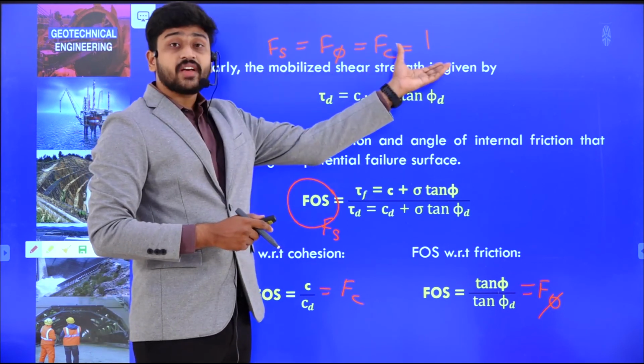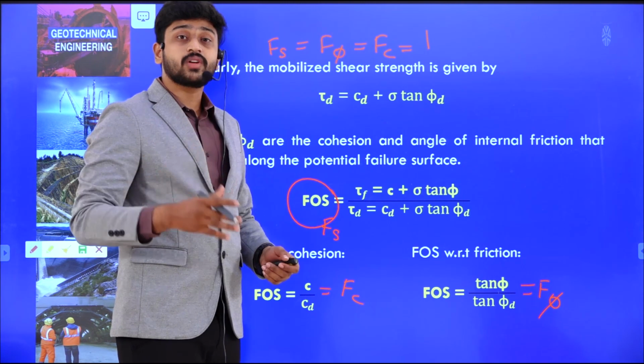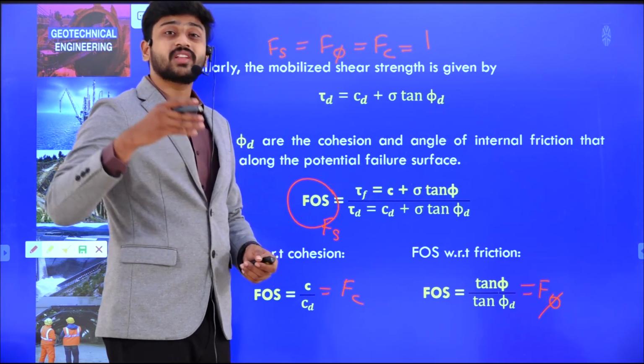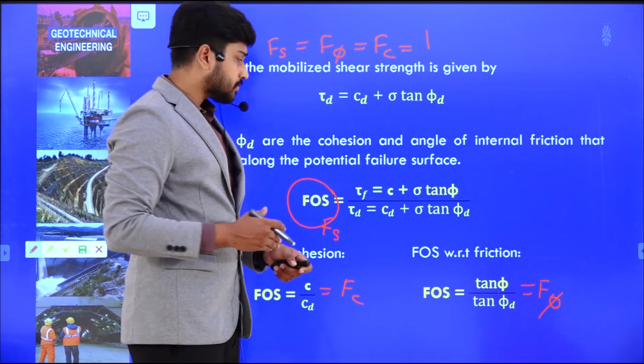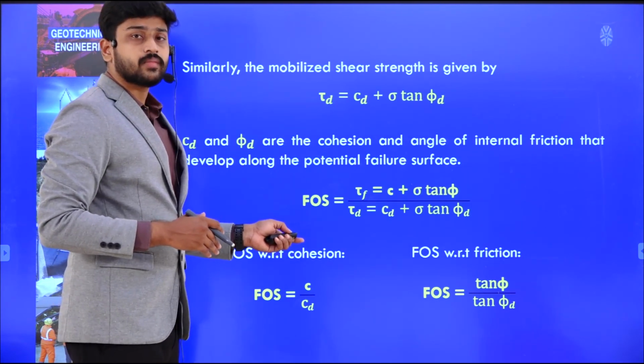That means whenever the factor of safety is equal to 1, it is just failing. So we need to make sure that it is more than 1. In such a manner we need to understand the factor of safety.